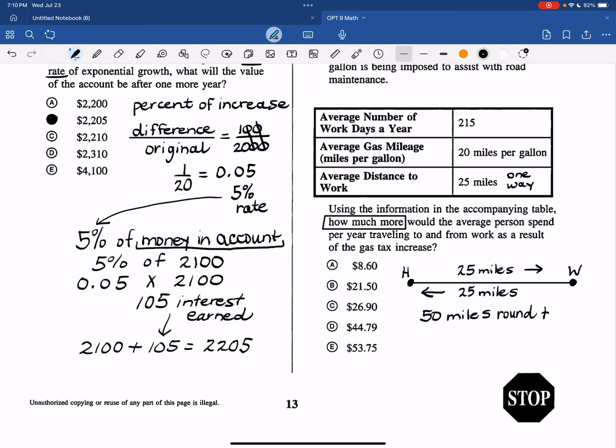So the next question becomes, how many gallons of gas does the person actually have to buy? We know that every time he buys gas, or she, has to pay 10 cents per gallon, but we need to know how many gallons of gas. We know that this person gets 20 miles per gallon, so let's write a ratio of that.